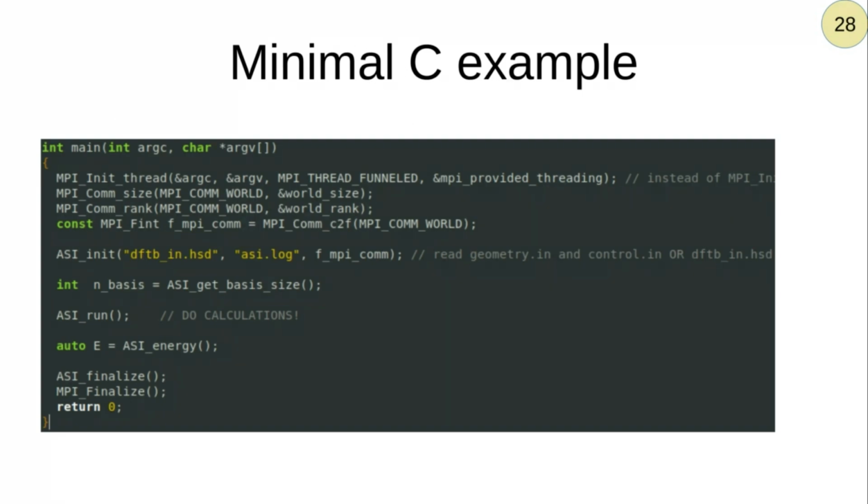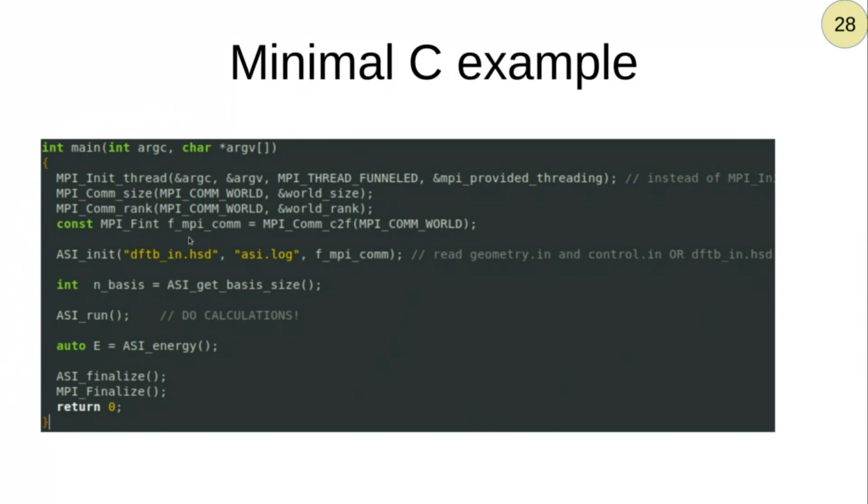Here is the minimal example of invocation of an ASI implementing library, in this case DFTB Plus. You should link your code with the DFTB Plus shared object, and here is the simple code.